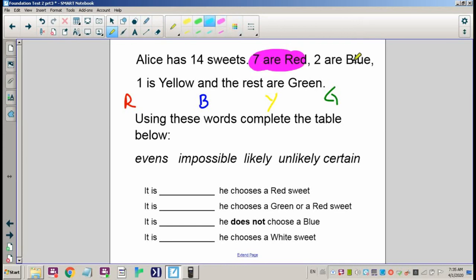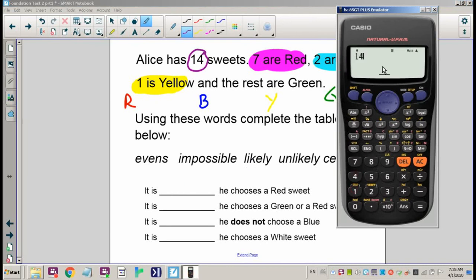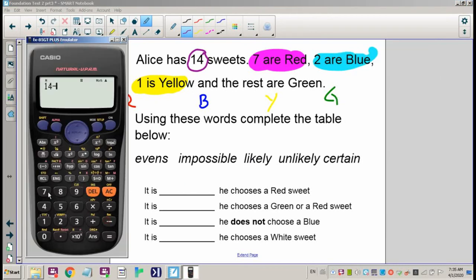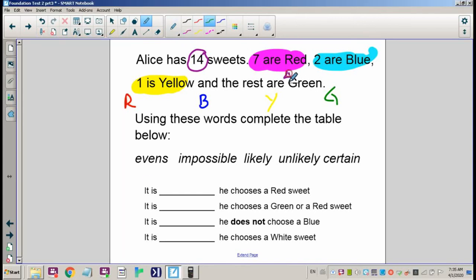We've got 2 blue. We've got 1 yellow. They haven't told us how many green, but they have told us that there are 14 sweets. So what I would have to do is, I'd take away the number of red sweets, then I take away the number of blue, then I take away the number of yellow to find out the number of green. There are 4 green.